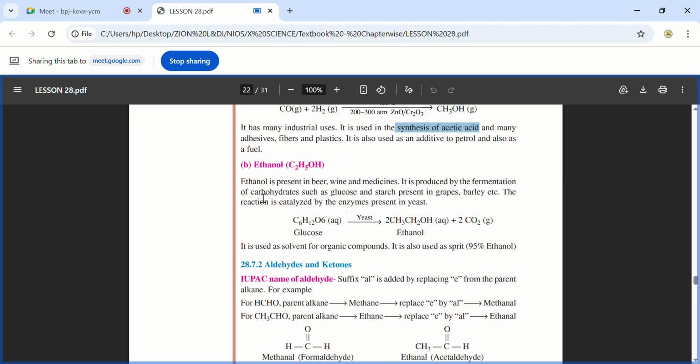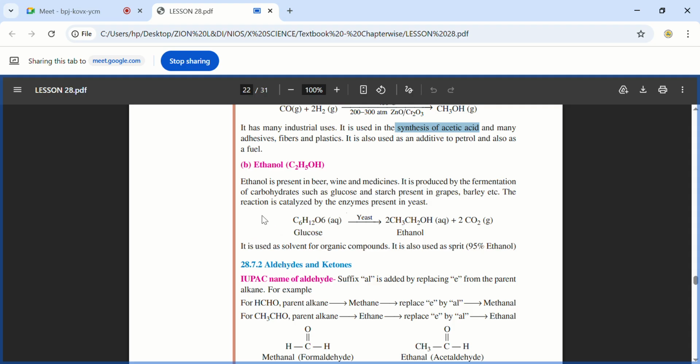Next, they continue with ethanol. Ethanol is present in beer, wine, and medicines. It is produced by the fermentation of carbohydrates such as glucose and starch present in grapes, barley, etc. The reaction is catalyzed by the enzymes present in the yeast.